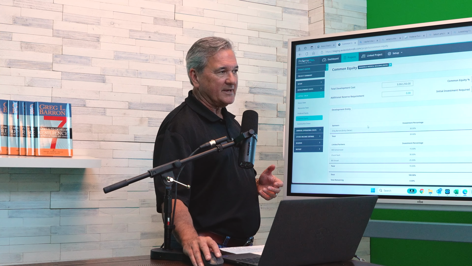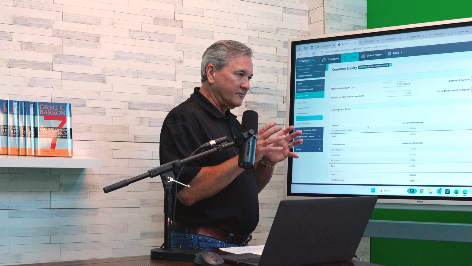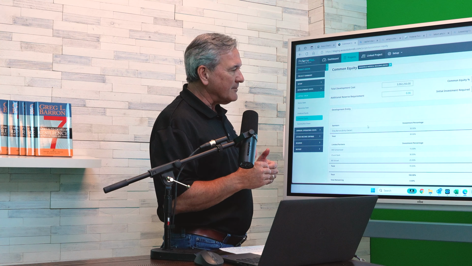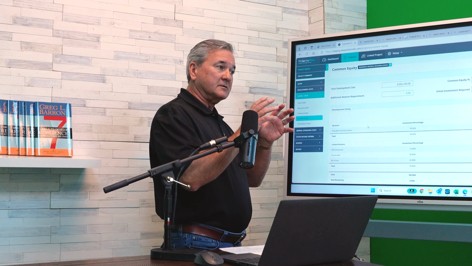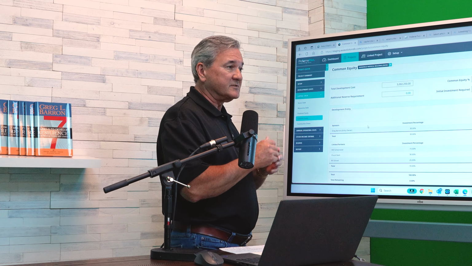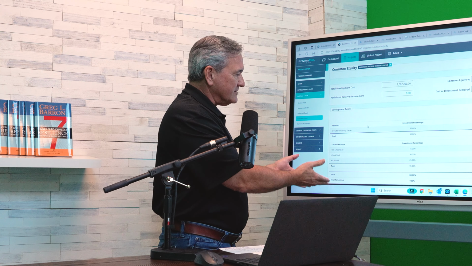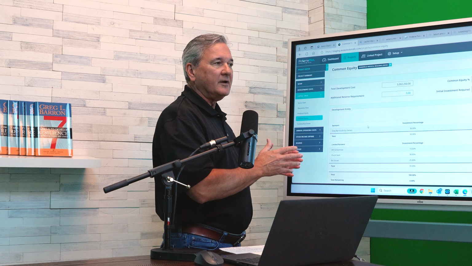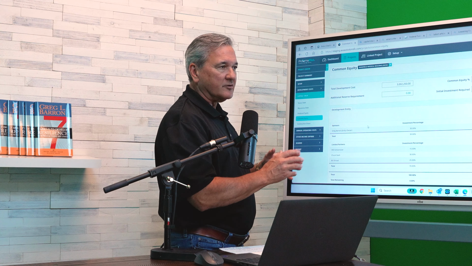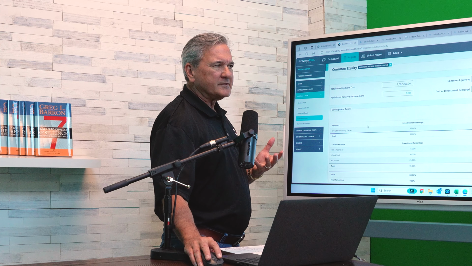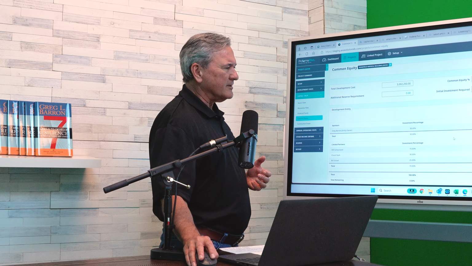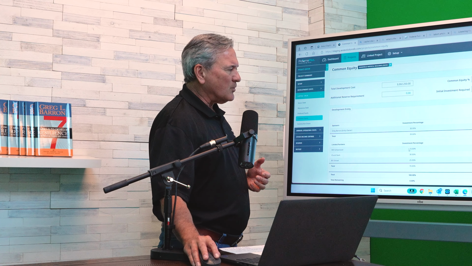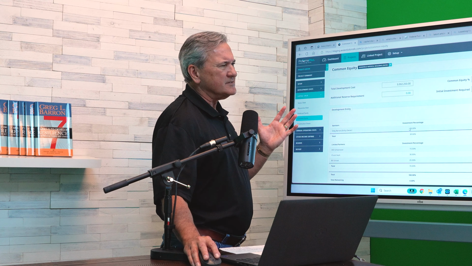And then on common equity, this is where most of you will play in the sandbox. Common equity is you as the developer, or we sometimes call it a sponsor. And then I've got several examples here of limited partners that are also contributing money. So this particular software has the ability to add each one. See, this is an example, by the way.